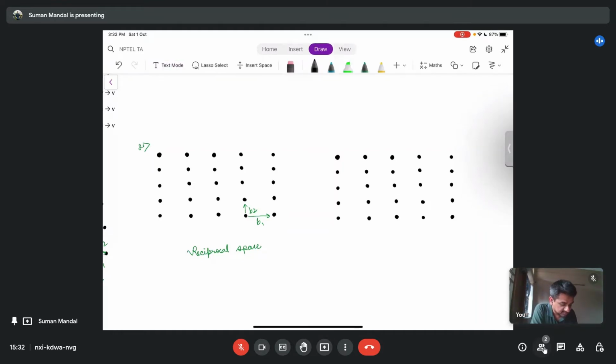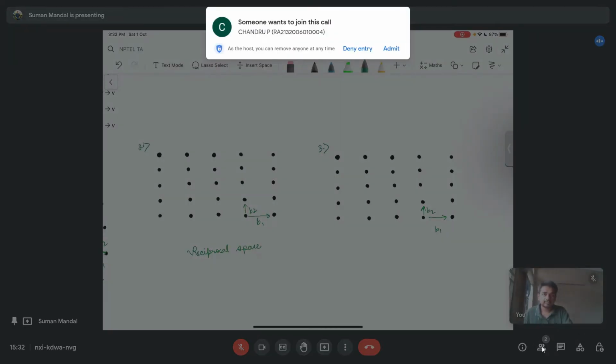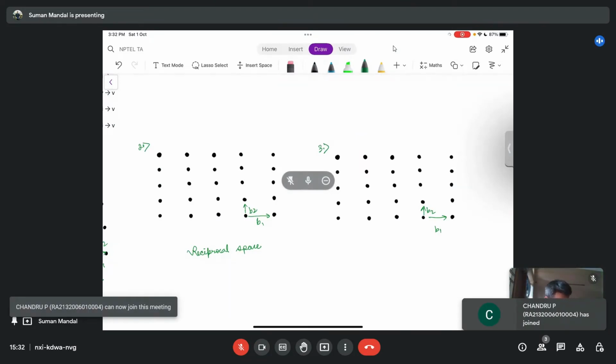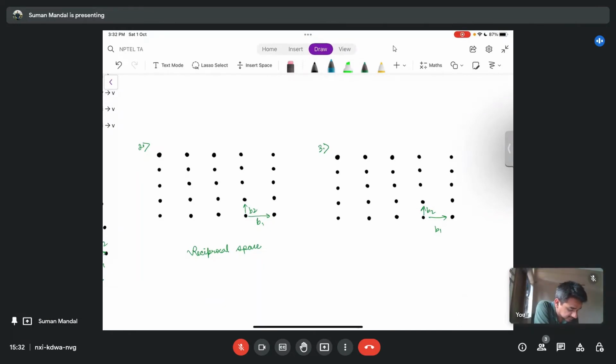So this is step 3. We have B1 and B2 vectors as in step 2. So what we do here is we now draw the Bragg planes or the Wigner-Seitz cells corresponding to this. So let's say we'll consider this lattice point in the reciprocal space. So the Bragg planes will look something like this, or the Wigner-Seitz cell will look like this.